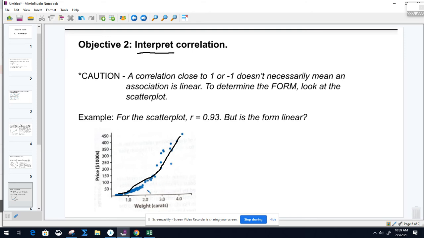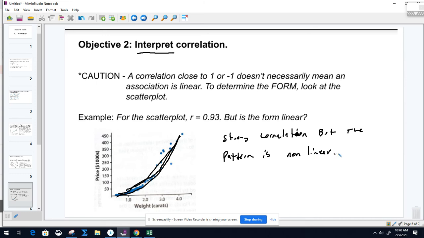So this right here is non-linear. In interpreting this correlation, we would say we have a strong correlation, but the pattern is non-linear. Again, anything over 0.8, usually we consider strong correlation.